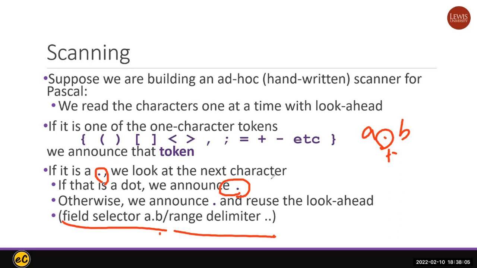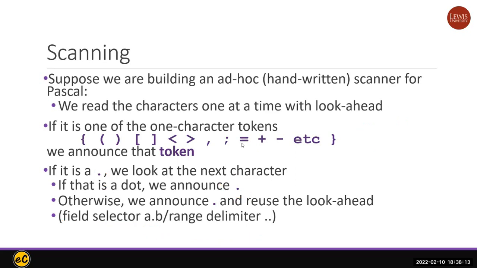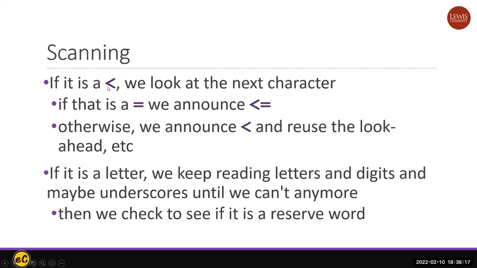It can be a dot, it can be a domain specifier. So we have to look into its neighbor to determine the meaning of that token. If it is a less than sign, it can be part of less than or equal, or an individual less than. So we need to use a look ahead to decide whether it is part of the token less than or equal, or an individual token called less than.